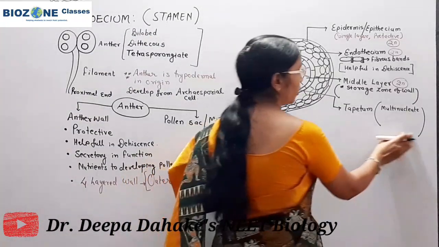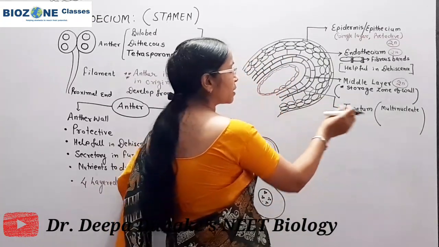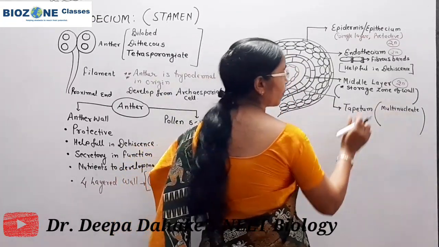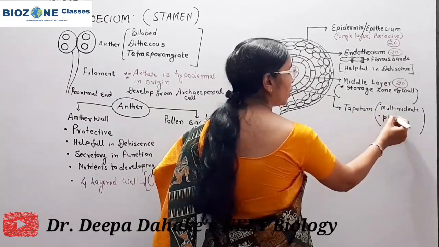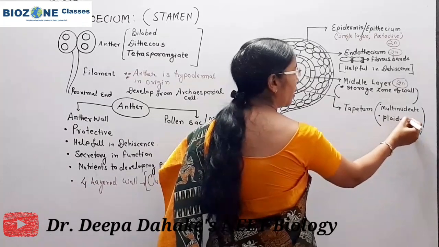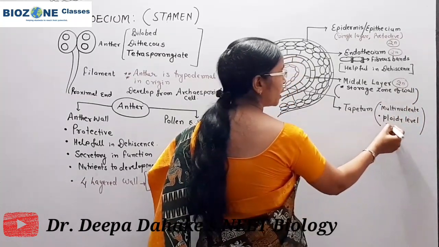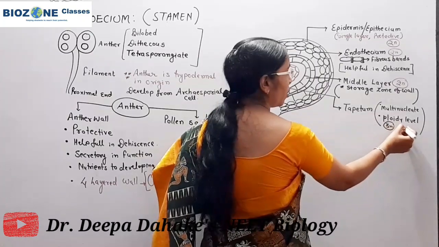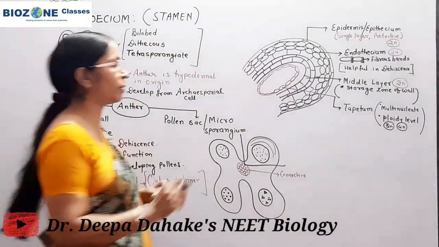Why they are multinucleate is a separate point that we will discuss separately. Tapetum cells are multinucleate, and secondly they show different ploidy levels. Ploidy level means that instead of diploid, the cells become triploid or tetraploid. So remember this part for the tapetum.